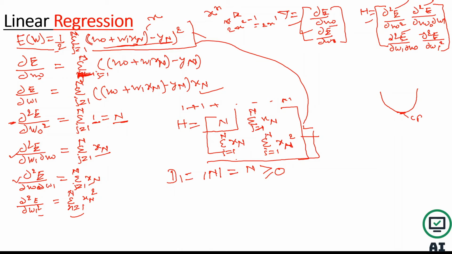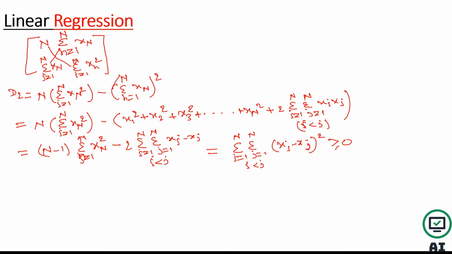So what is the determinant of the second principal minor? The second principal minor is the complete matrix. So we will calculate the second principal minor for this Hessian matrix, and this is nothing but this one. So this is the Hessian matrix, and the second principal minor would be the matrix itself.